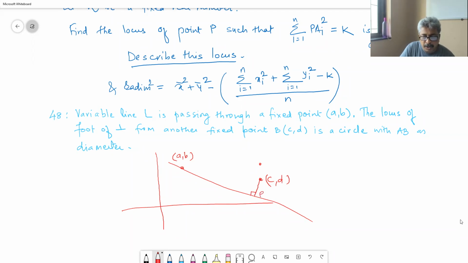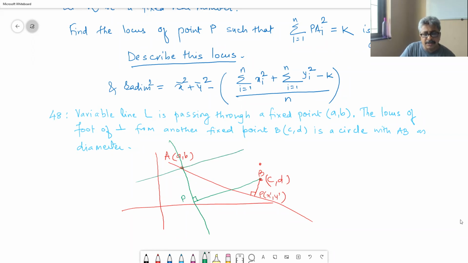So the locus of P(x dash, y dash). This is A and this is B. As this line varies, it always passes through (A, B). It will be here. This is your P, and this angle is always 90 degrees.